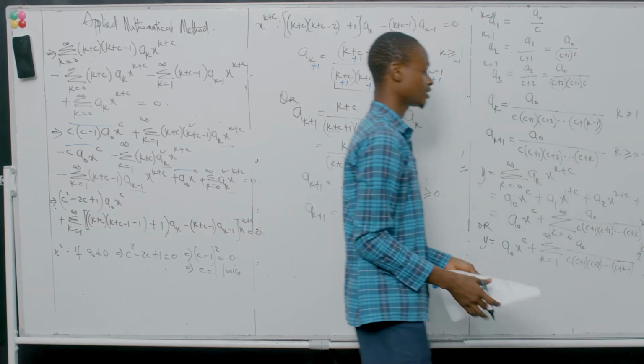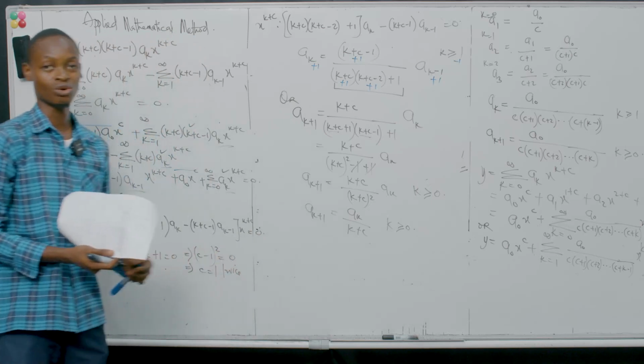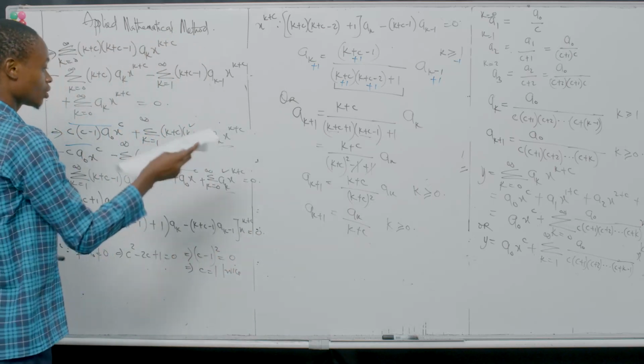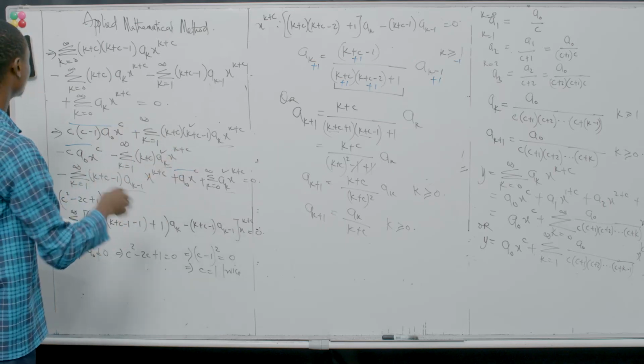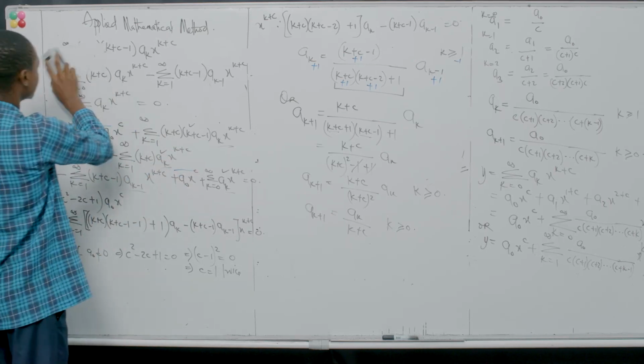Any one you decide to write is fine. Both of them are totally correct. There is no problem about it. Good. Now, let's finally substitute the value of c into it.